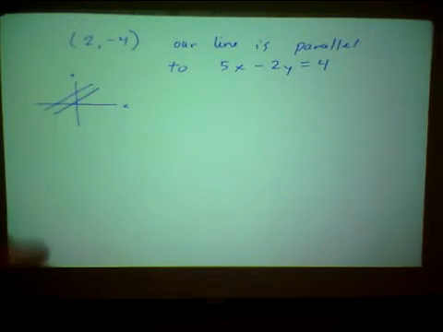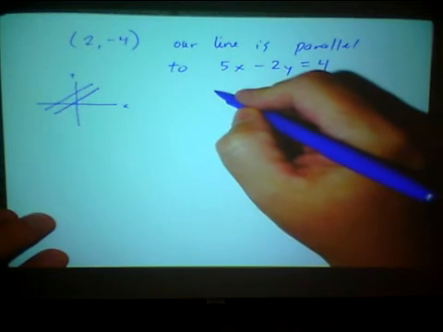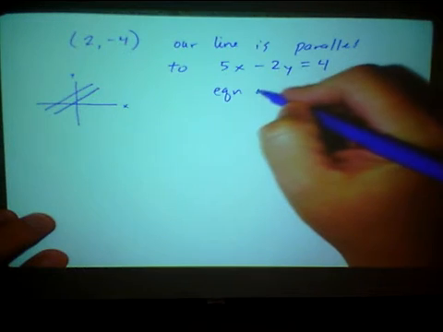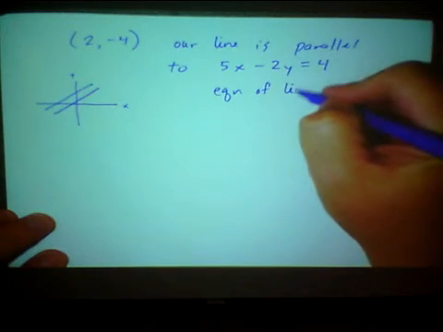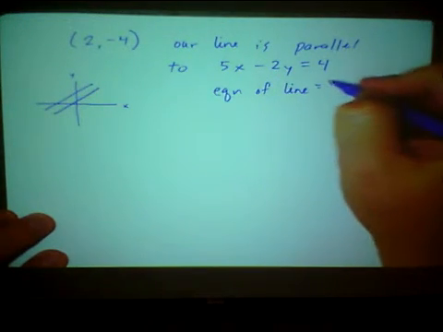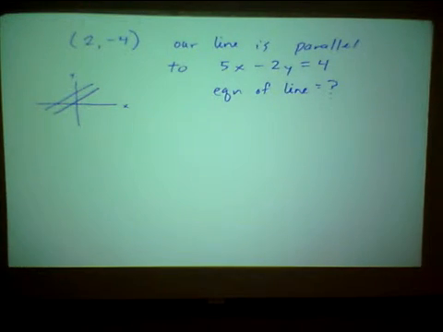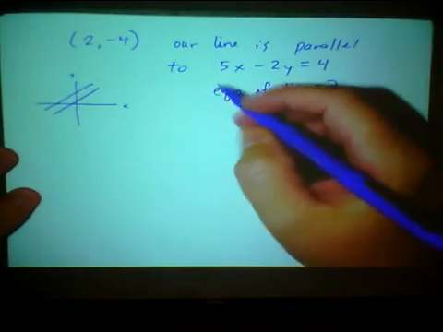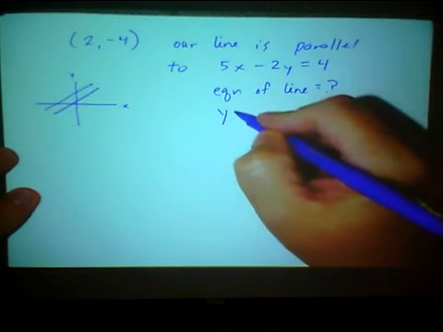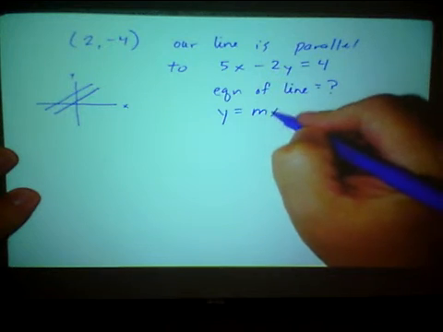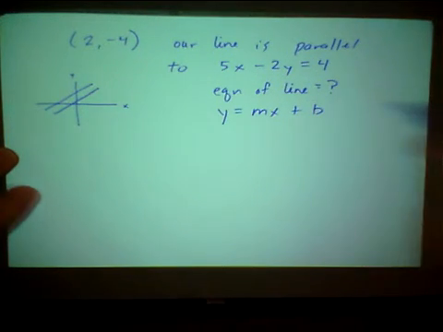So the goal of this problem is to find the equation of a line. And anytime we try and find the equation of a line, we always like to start with the slope-intercept equation, which is y equals mx plus b.